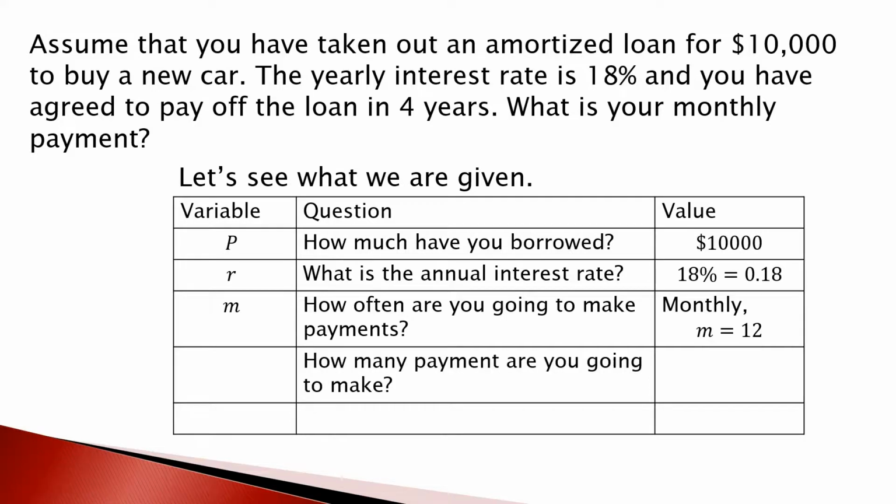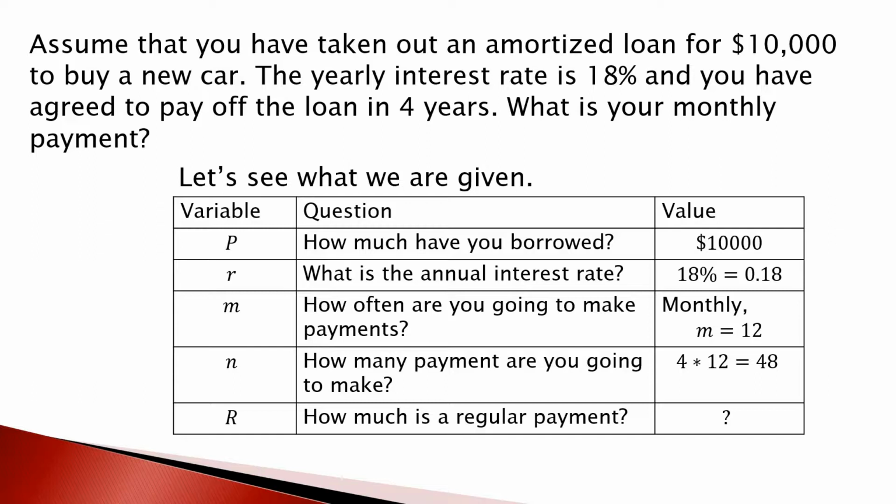How many payments are you going to make in total? You're going to make 12 payments per year for 4 years. This information will be denoted by little n, and 4 times 12 is 48. And the last question, how much is a regular payment? It's capital R. This is what we need to find.